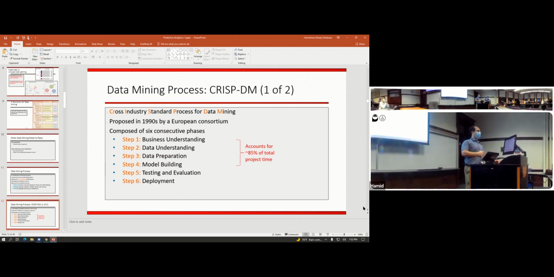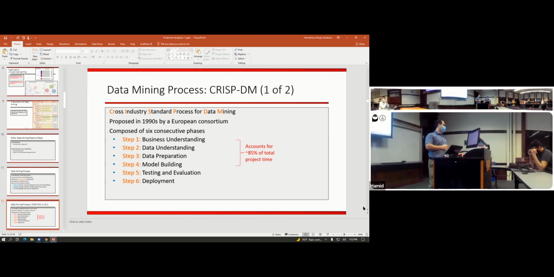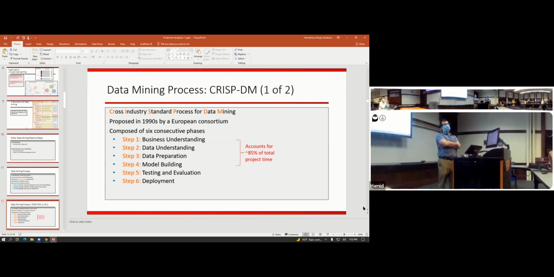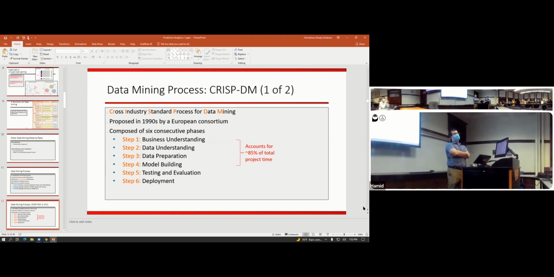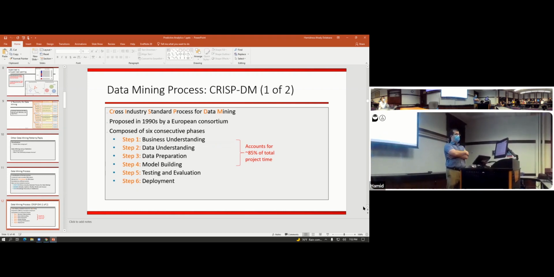Okay, so CRISP-DM is the most famous one, the cross-industry standard process for data mining. It has 6 steps. The first step is business understanding, which is basically domain knowledge. For example, let's say you want to look at an X-ray image and try to predict whether somebody has COVID or not. Business understanding here means medical knowledge.